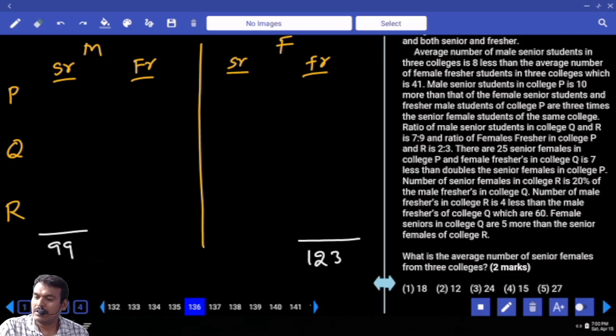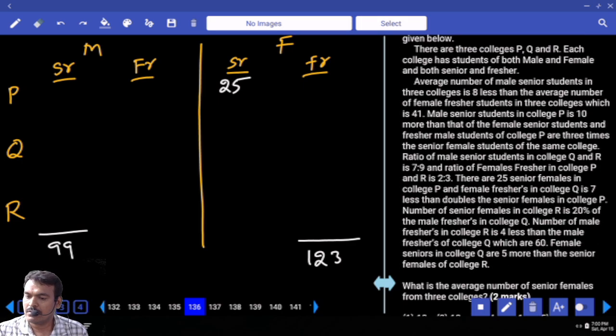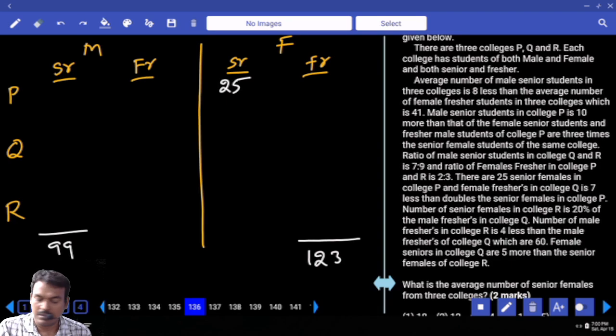And one more, there are 25 senior females in college P. Clear data. College P, how many senior female members? 25. And any other clue?